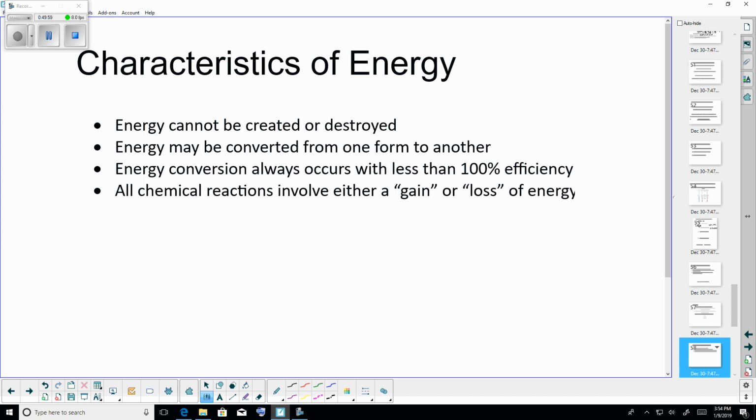Energy conversion always occurs with less than 100% efficiency. If it was 100% efficient, you could power your whole home with a 9-volt battery. But we lose it. Obviously, you make toast in the morning. The toaster converts the electrical into heat. All chemical reactions involve either a gain or loss of energy.